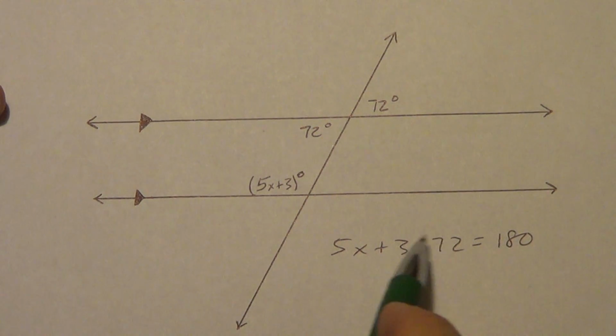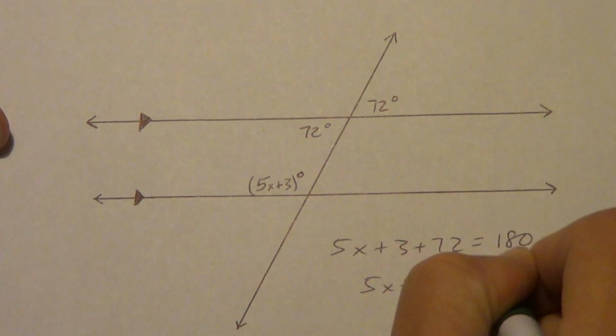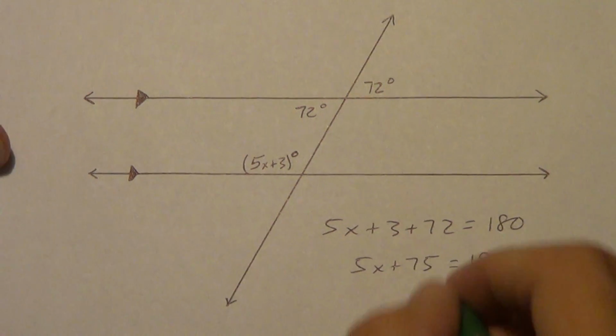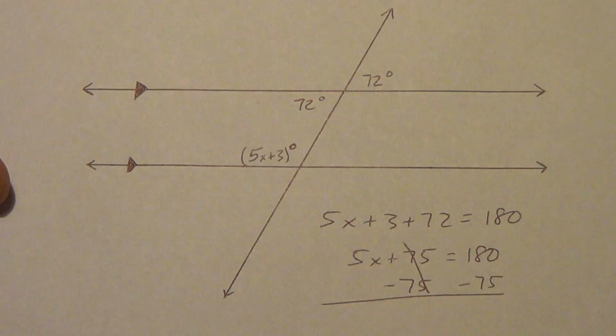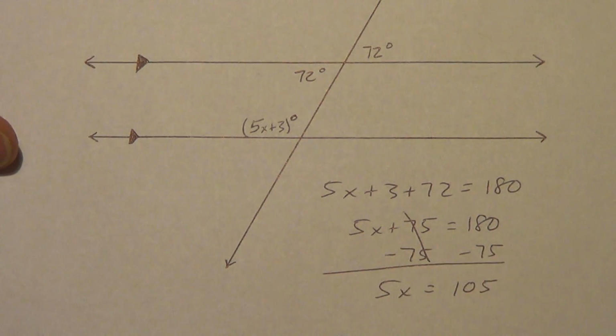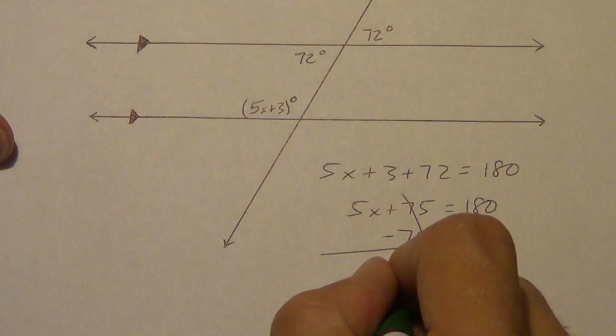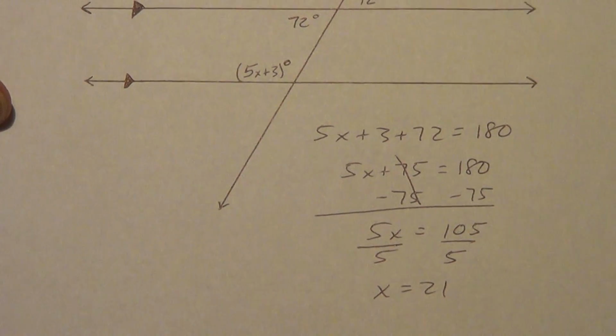Let's combine like terms here. 5x plus 75 equals 180. Start canceling. Minus the 75. These cancel. 5x equals 105. Divide by 5. And we get x equals 21.